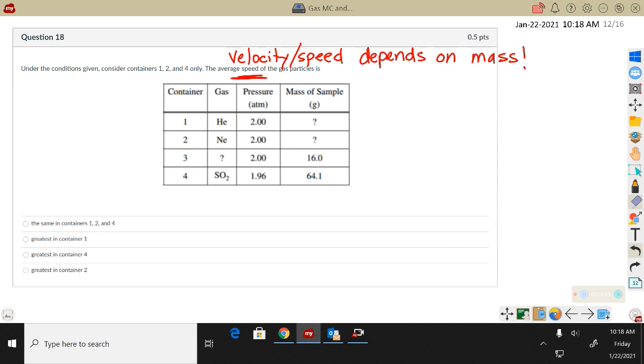And so if I look at helium versus neon, well, that's not hard. Helium is going to be only about 4 grams per mole. And neon is about 20. Oh, so the greatest speed should be container 1, the least massive. Brain fart. Got it.